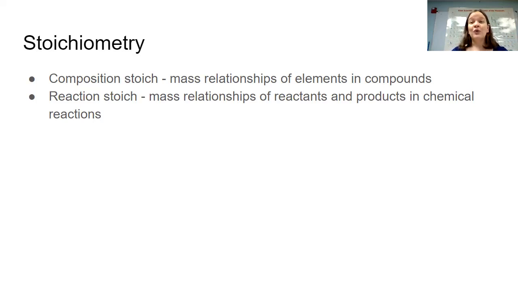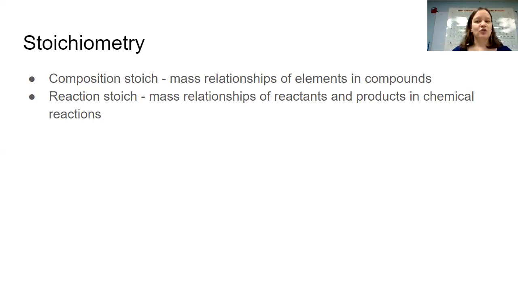That's okay. What we're going to focus on in this chapter is reaction stoichiometry. So we are going to be looking at the relationship between the mass of the reactants and the mass of the products, and how we can use the mass of our reactants to figure out how much product we would get or how much of another reactant we would need.